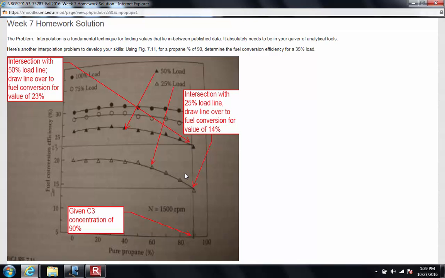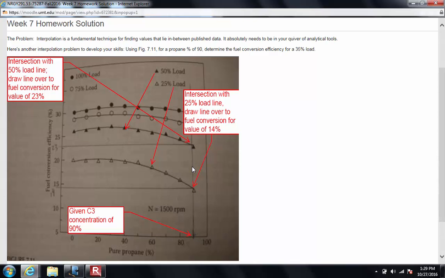Our fuel efficiency is over here on the y-axis, and the percentage concentration of propane is on the x-axis. So we want to find 90% as our propane density in our fuel, and we're looking for 35%.